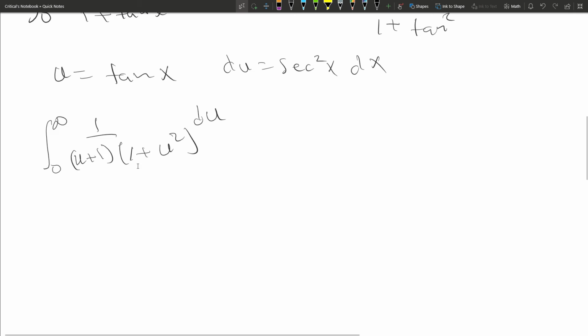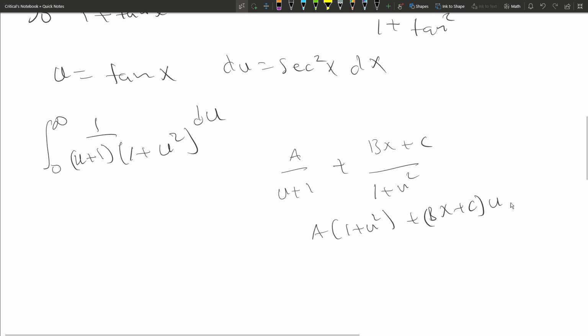So we'd have A over u plus 1 plus Bu plus C over 1 plus u squared. And then this becomes A(1 plus u squared) plus (Bu plus C)(u plus 1), and this whole thing equals 1.